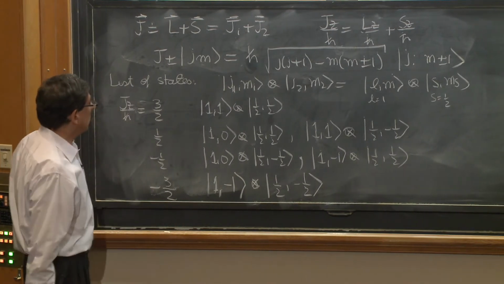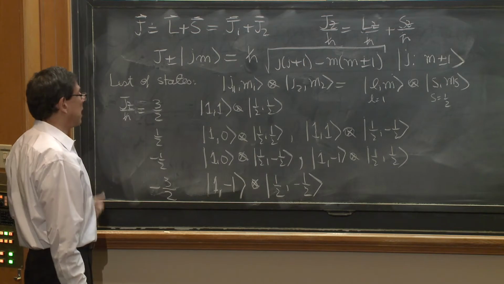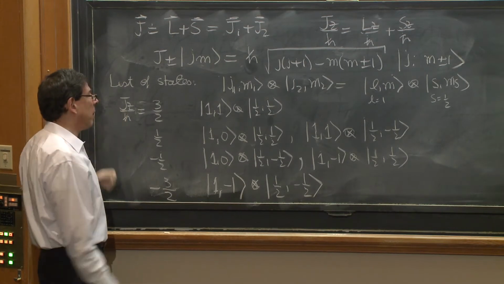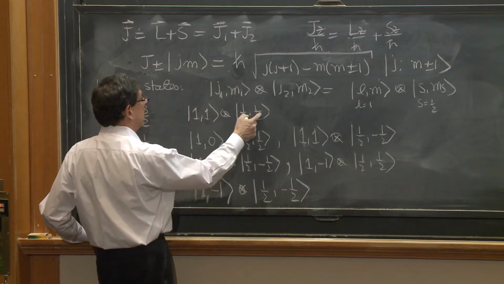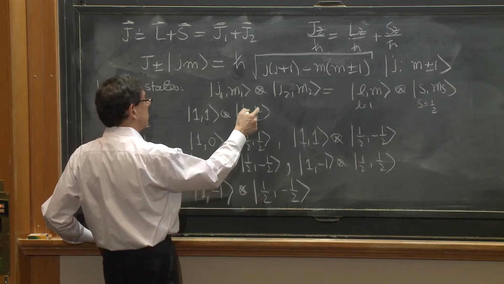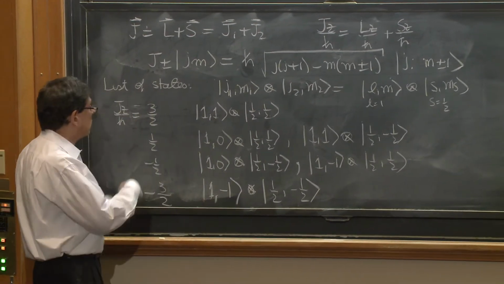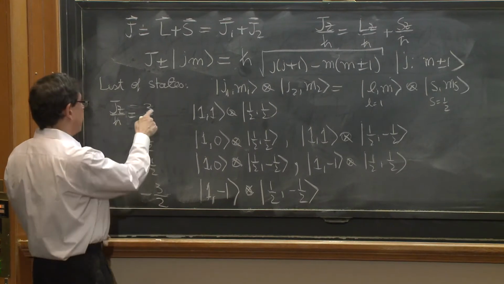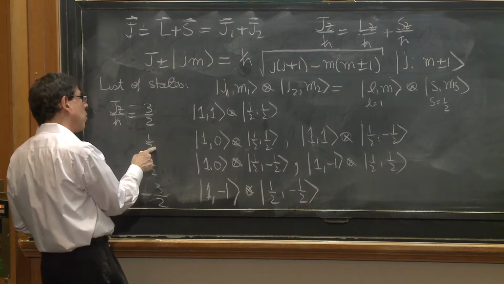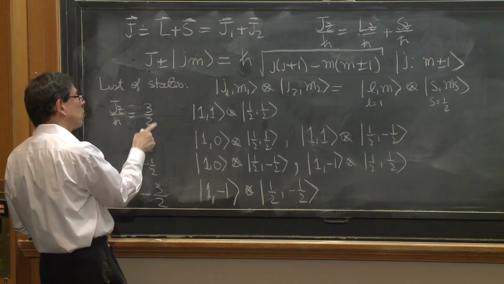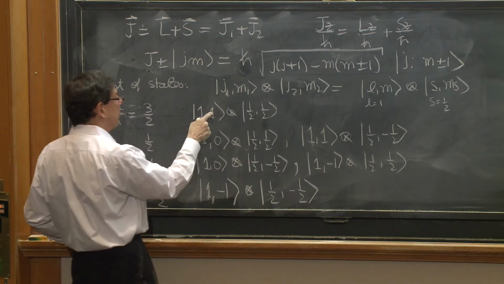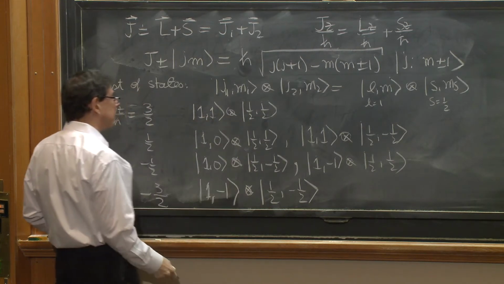That's true. So what other values of Jz can you get? Well, this can be 1, 0, and minus 1, and this minus 1/2. So you're going to go down by values of 1. So you can go from 3/2 to 1/2. How do you get 1/2? You cannot get 1, since there's no way to have an integer and a half integer add to give you an integer.